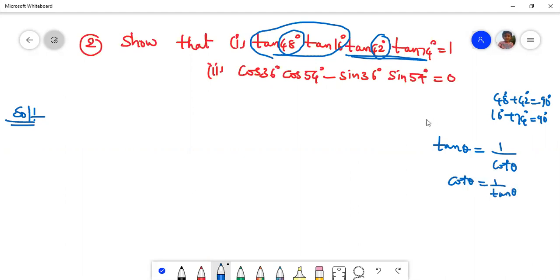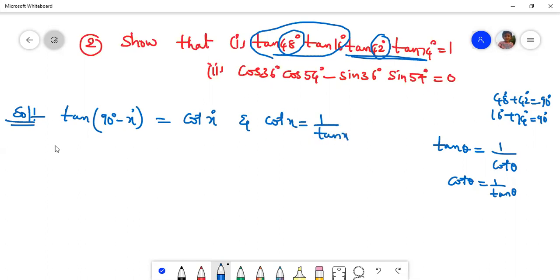If you change the complement angles for these two factors, you get cot only. Cot is written as 1 by tan. So first I take tan of 90 degrees minus x degrees is equal to cot x degrees, and cot x equals 1 by tan x, which we use in this first one.